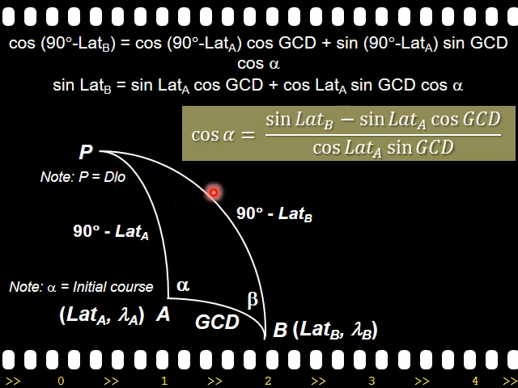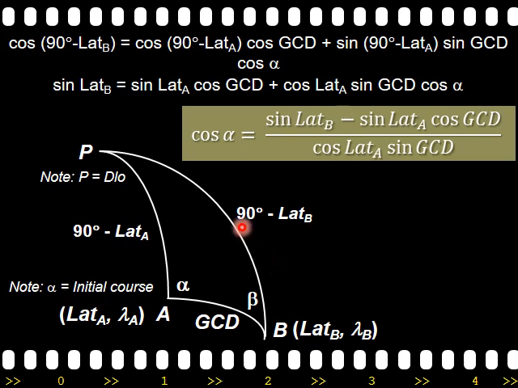Ito yung side na to, kasi ang opposite dito sa ating departure angle, ibig sabihin itong ating initial course alpha, ay yung 90 degrees minus lat B, yan.